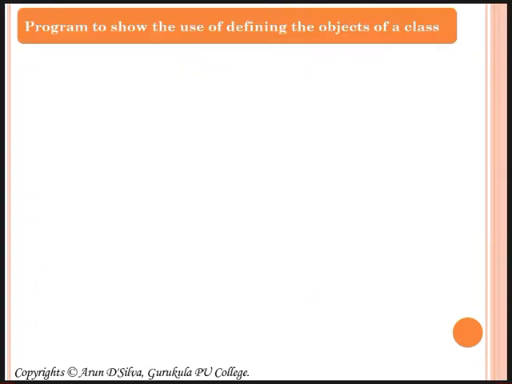How exactly will we use this in a C++ program? Let me show you the use of defining the objects of a class. I'll take the same example which I showed you in the last session, session 16, that is class rectangle. I've opened the class, and in the private section I have created 3 member data of integer type: L, B and area.